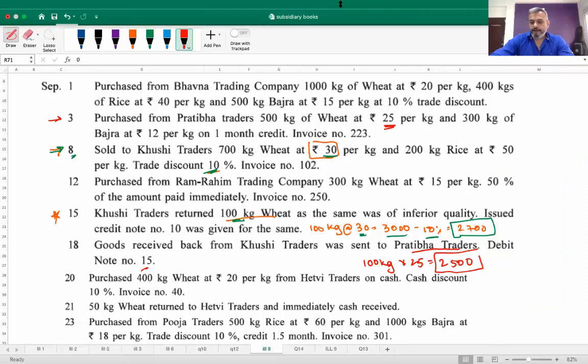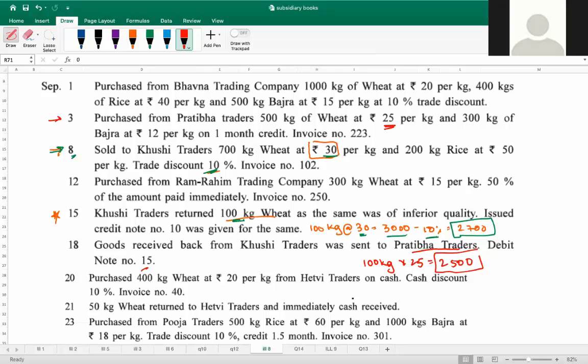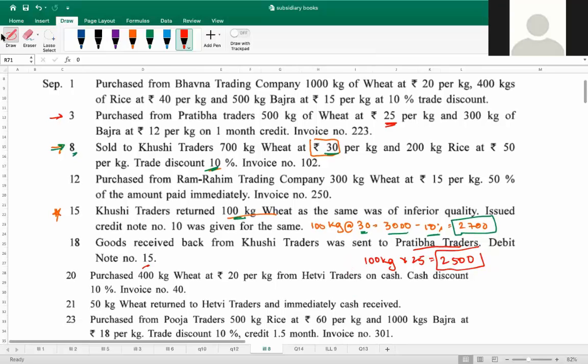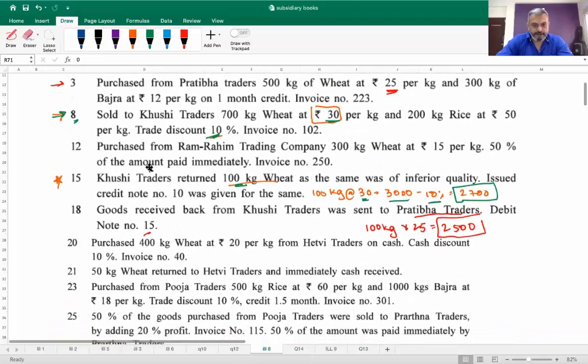So let's go back to the format. Purchase return, Pratibha, 18th.